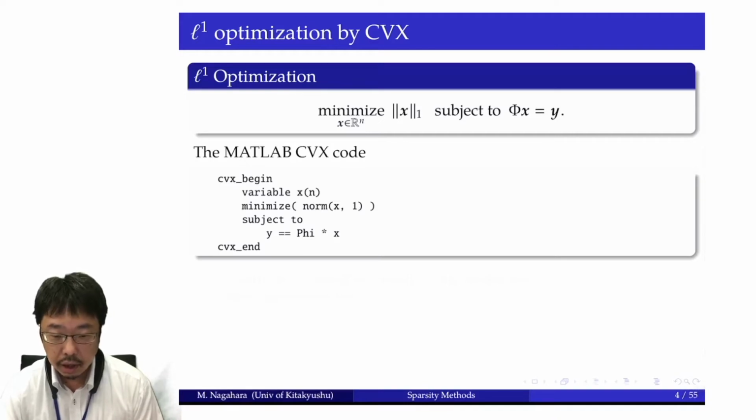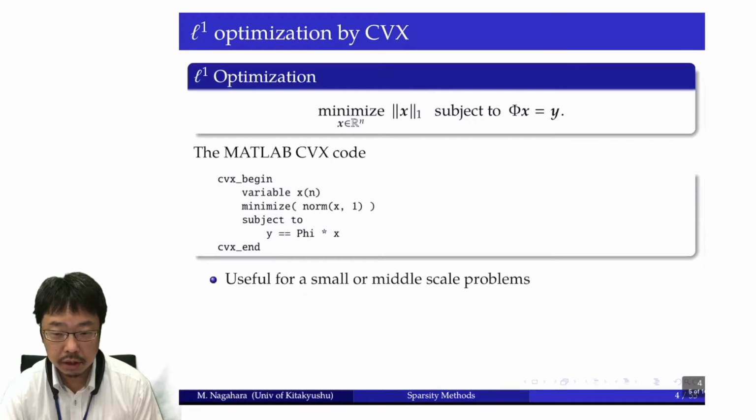This is the L1 optimization problem we consider here. As we have seen, by using CVX on MATLAB, we can easily solve this problem by very simple coding like this. The CVX is very useful for small or middle scale problems.